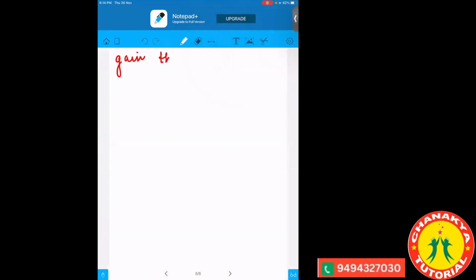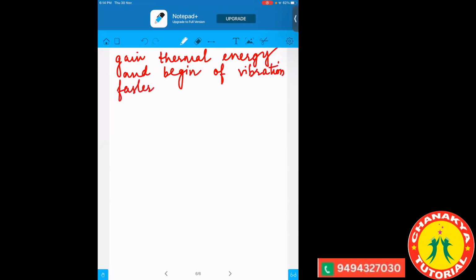Because of the increase in thermal energy, the vibration will occur, or we can say the colliding will happen between the molecules. So they begin vibrating faster, and collisions will occur at a faster rate. As soon as they come in contact with the object near the source, they will transfer the heat or thermal energy, and because of which the vibration will occur at a faster rate.